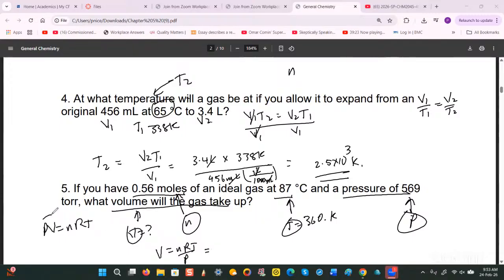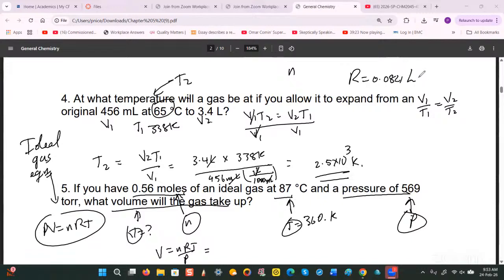Just to remind you, this equation is called the ideal gas equation. This equation shows you the relationship between the pressure, the volume, the number of moles, and the temperature. And again, the temperature must be expressed in Kelvin, and the R value is, as I said before, 0.0821 liters atmospheres over mole Kelvin.